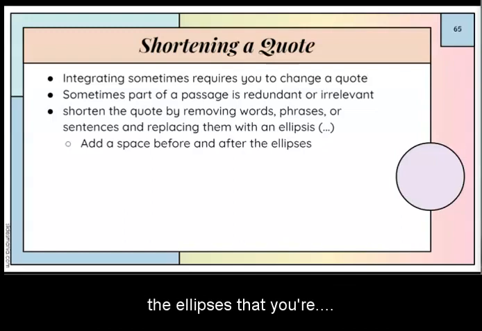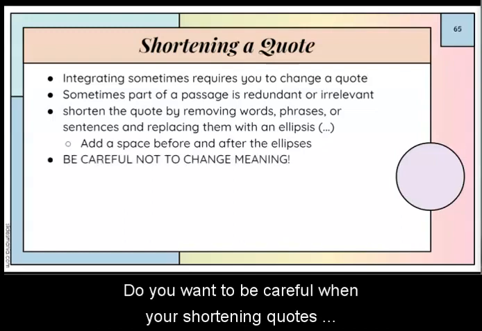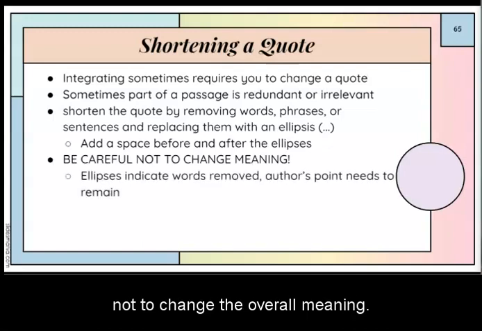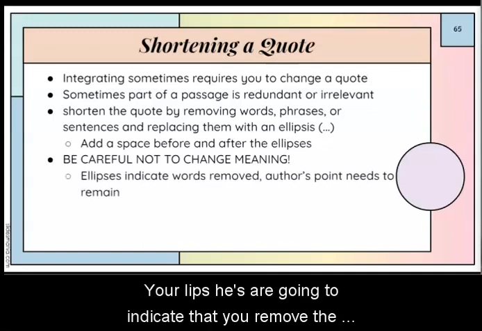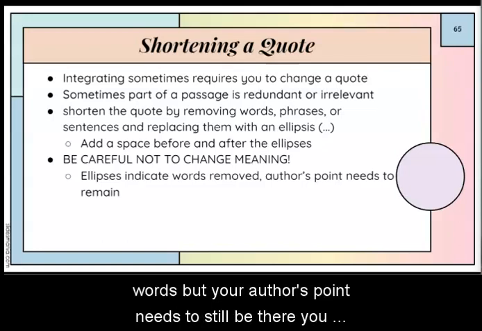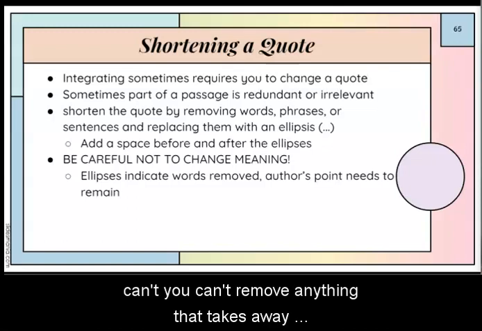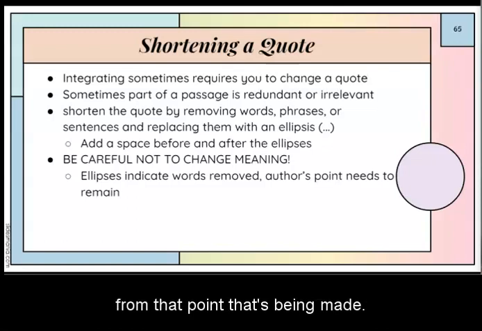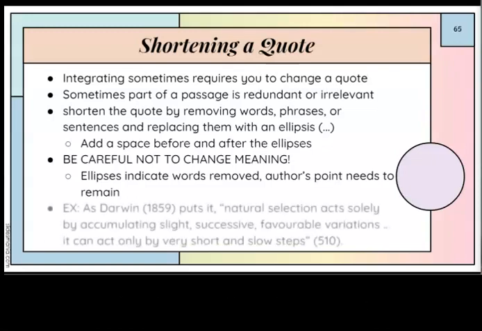That's your ... But you want to be careful when you're shortening quotes not to change the overall meaning, okay? Your ellipses are going to indicate that you removed words, but your author's point needs to still be there. You can't remove anything that takes away from that point that's being made.